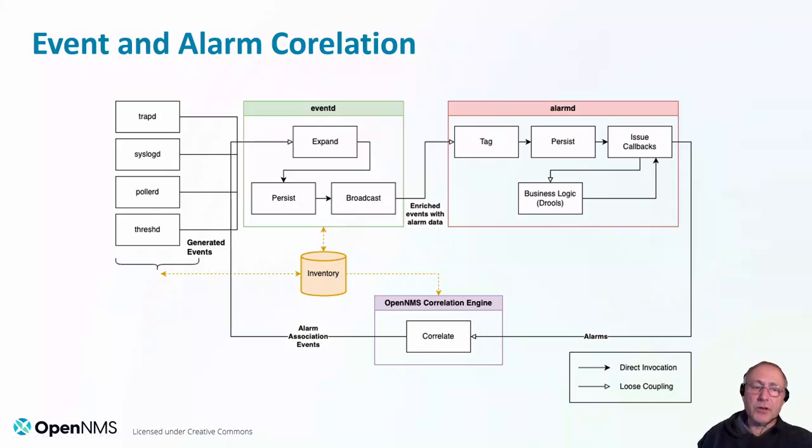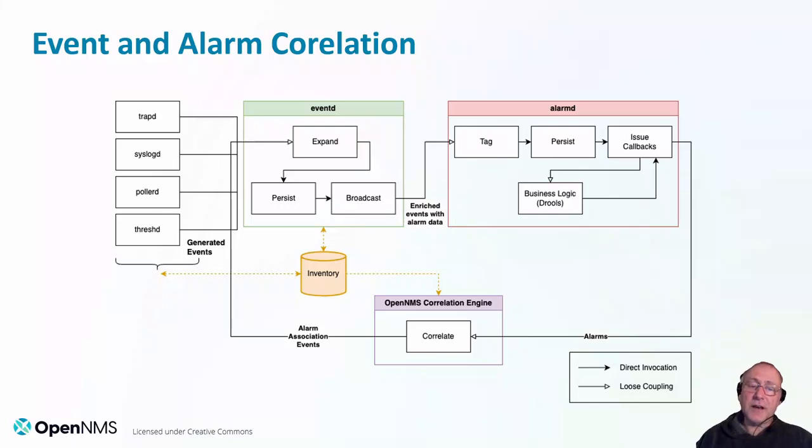The way this works is that OpenNMS has a concept of situations, where a number of alarms are grouped together. And the external correlation engine can group those alarms together. We have correlation engines internal to OpenNMS that are based on the graphs of various objects, but we can also use external AI-based engines such as TensorFlow.